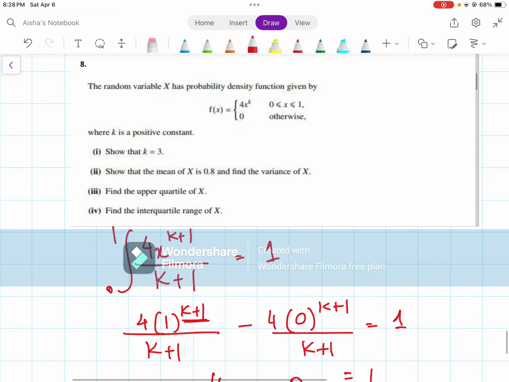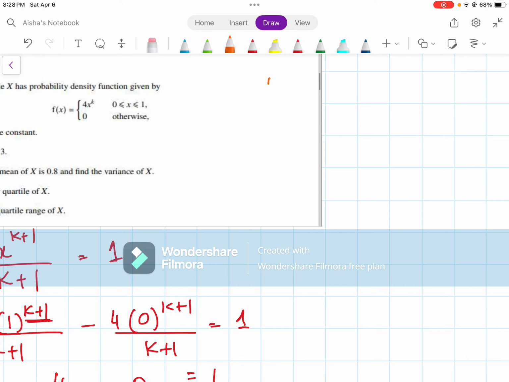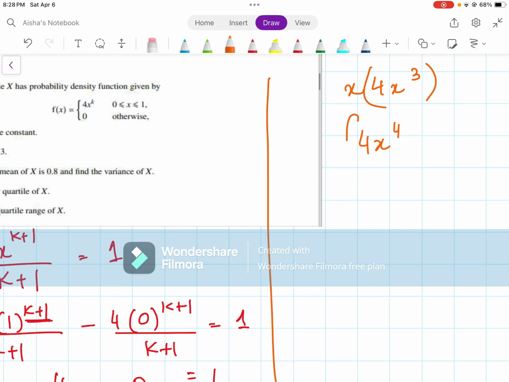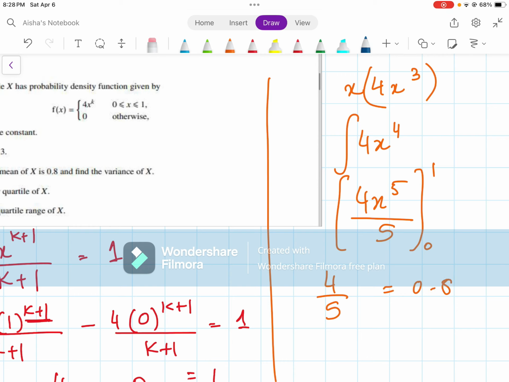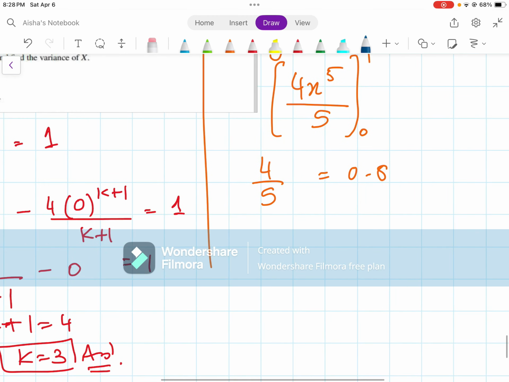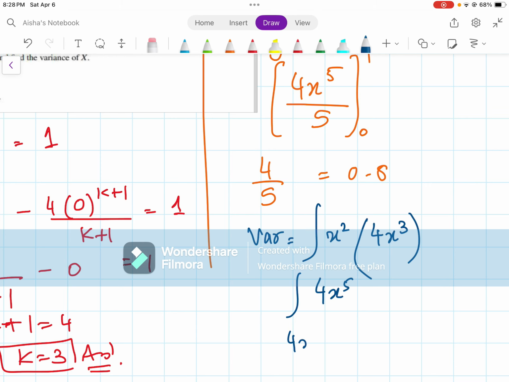Show that the mean of x is 0.8 and find the variance of x. So for mean, you need to multiply the function by x. So this is my mean, which is 0.8. Now how do we find out the variance? Now integrate.